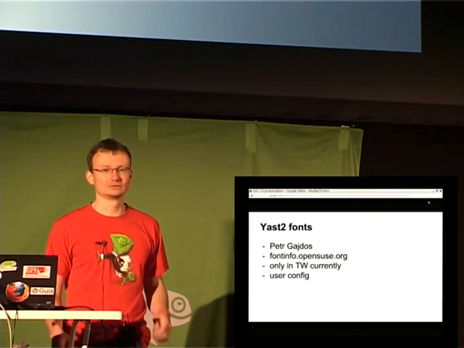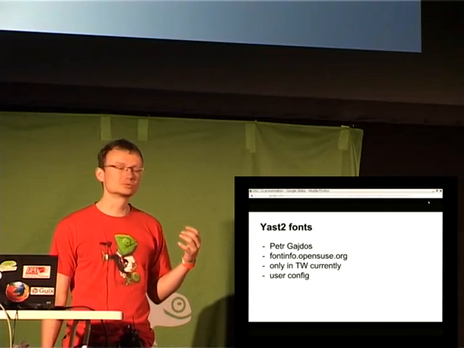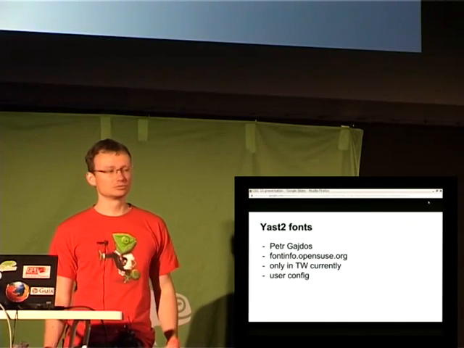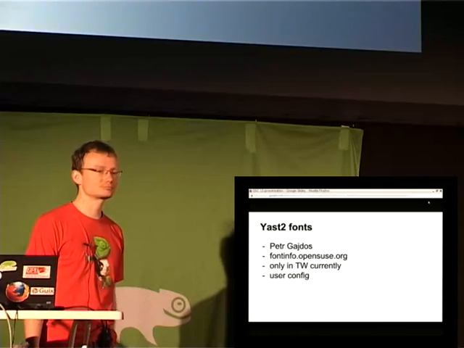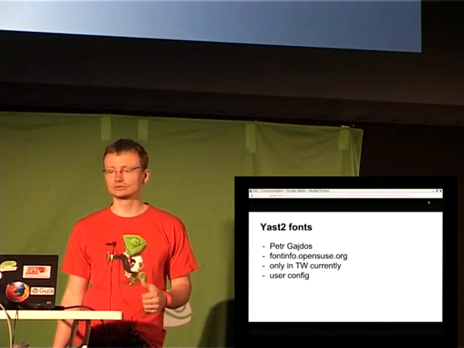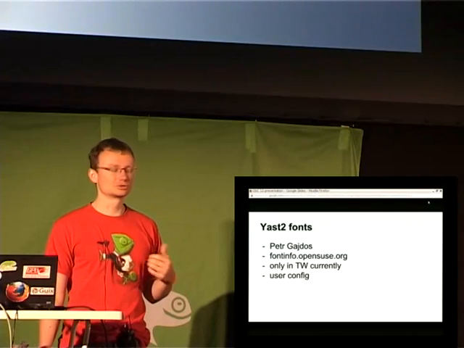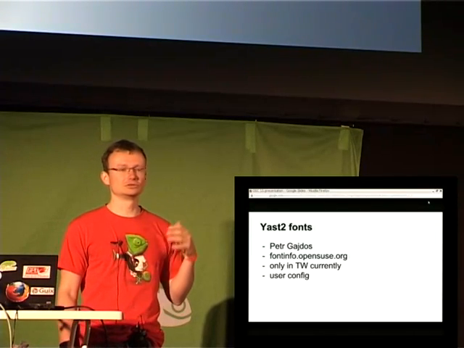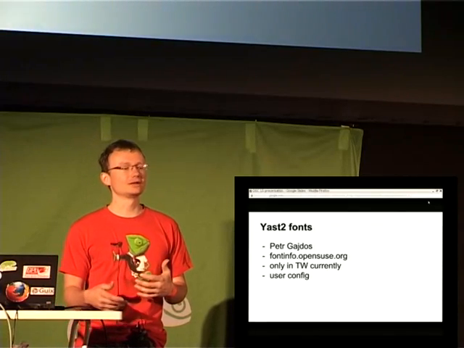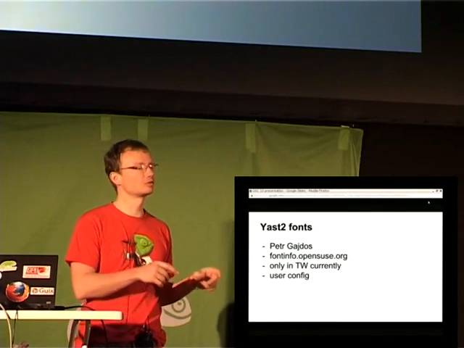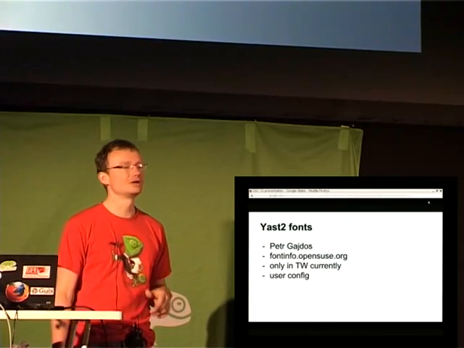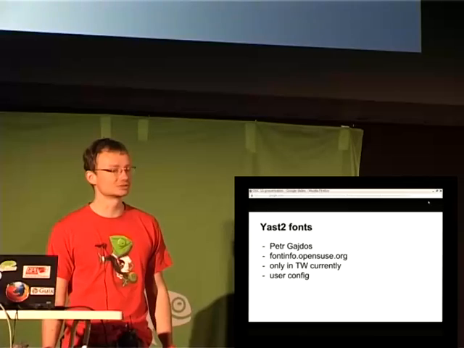So that's a module that helps to have an easy setup. Currently, it's only in Tumbleweed, and last week the newest addition is user configuration. It means you can run this module also as a user, and it creates the configuration only for this user.